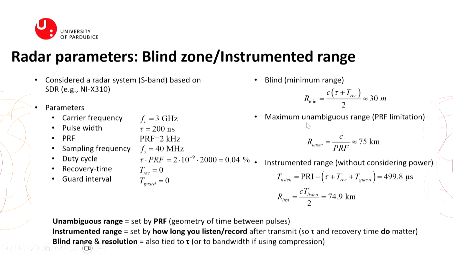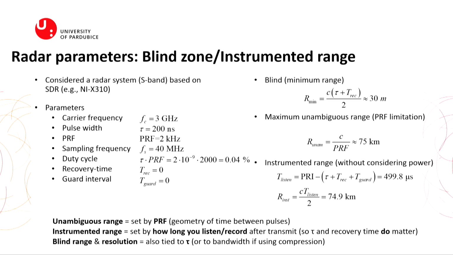What is the maximum unambiguous range? It is only a limitation of pulse repetition frequency, and it is speed of light divided by PRF. It is approximately 75 kilometers. Don't expect that it will be 75 kilometers. No way. It will be 10 kilometers. It depends on your power also.